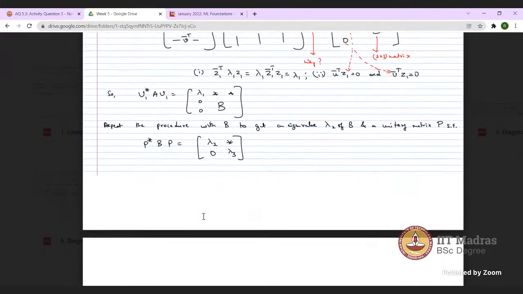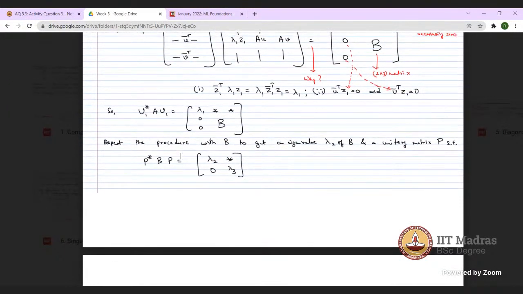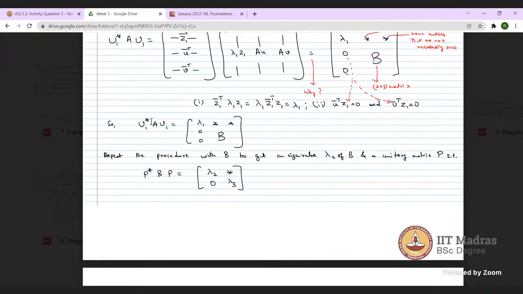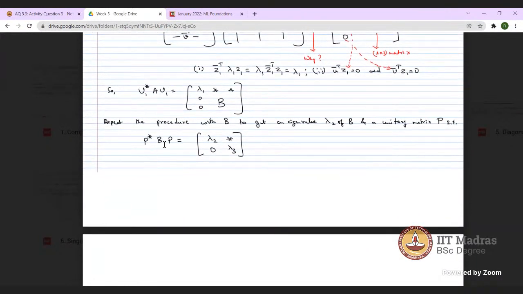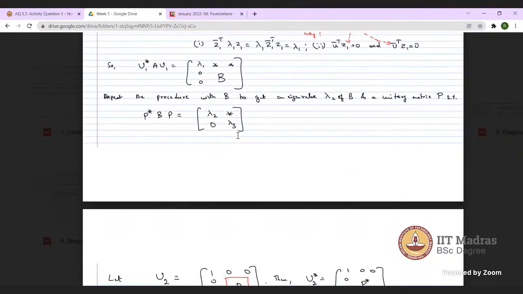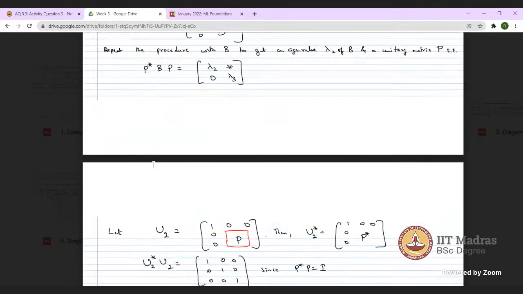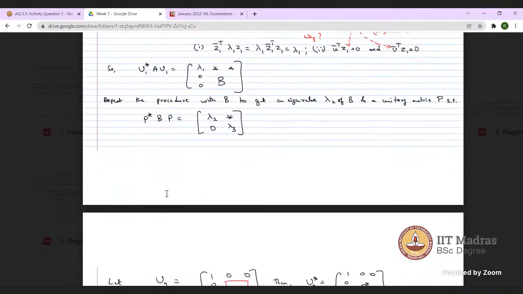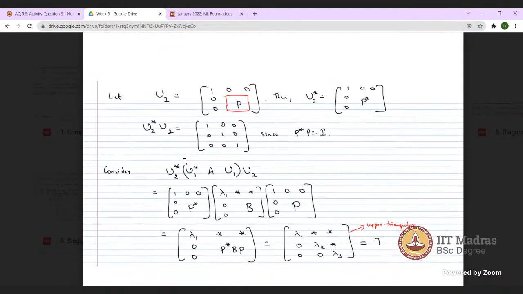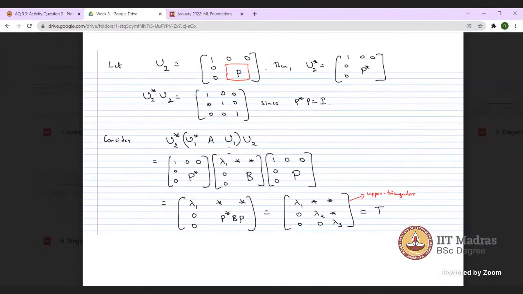We need to find a unitary matrix U2 such that P star B P results in another upper triangular matrix. So in total we can represent this as U2 star, U1 star, A, U1, U2, which results in the entire upper triangular matrix T.